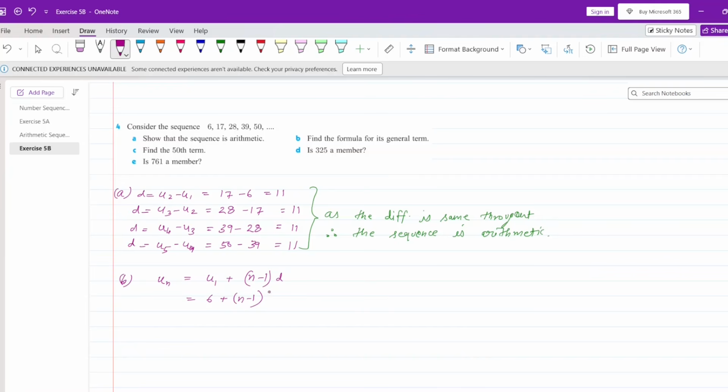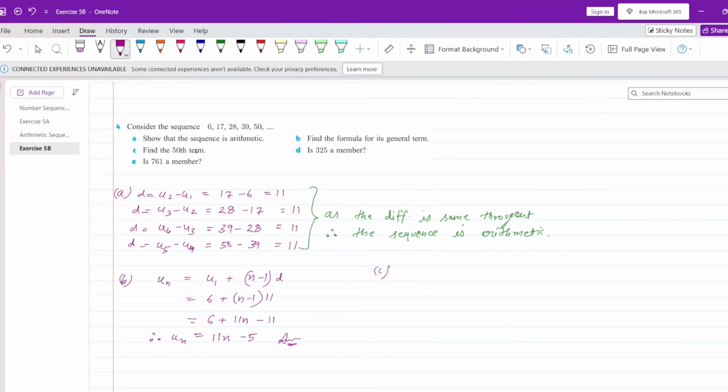So d is 11. So we can simply substitute the value of d here. So this becomes 6 plus 11n minus 11, or we can say 11n minus 5. So un is 11n minus 5. That's the answer.